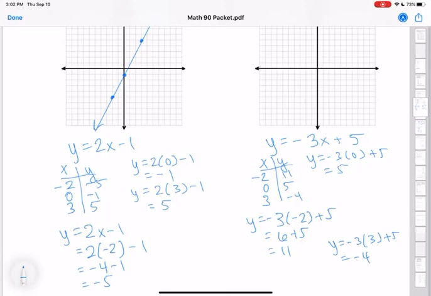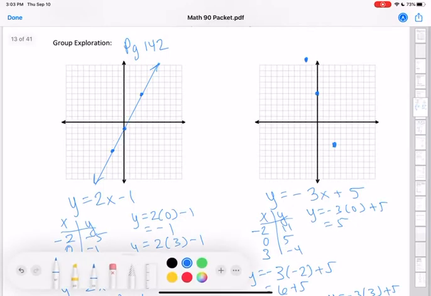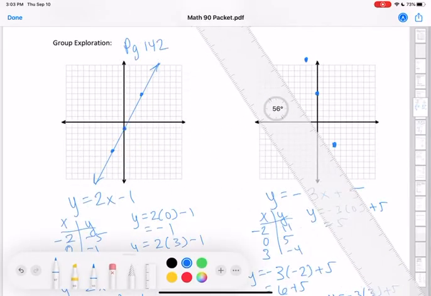So I have negative 2, 11, which is a little bit off the chart. That's okay. 0, 5, and 3, negative 4. Looks like they're all in a line, which is good news.